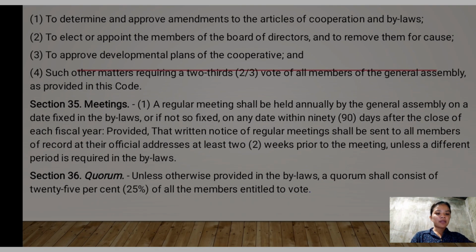Section 35, Meetings. It outlines the requirements for meetings of the General Assembly. First, a regular meeting must be held annually on a date specified in the bylaws, or if not specified, within 90 days after the end of each fiscal year.